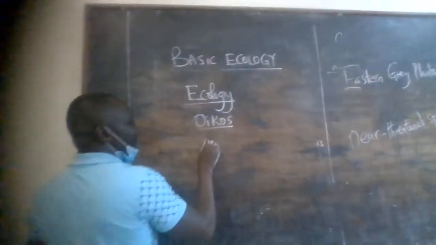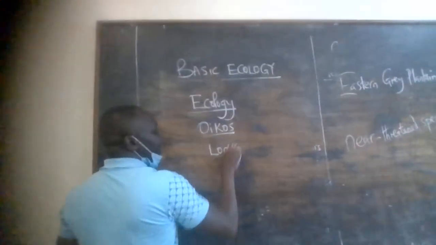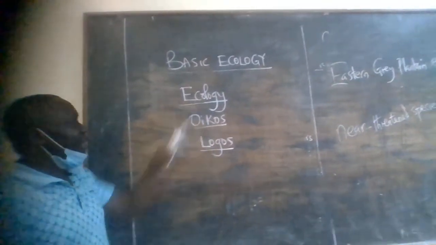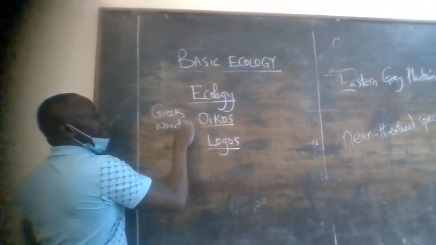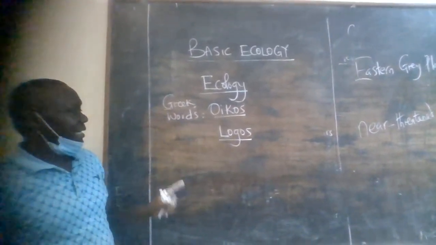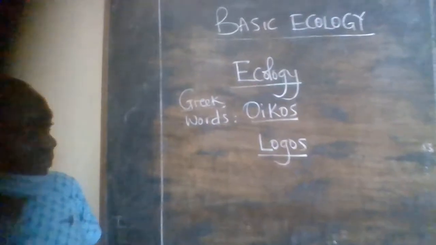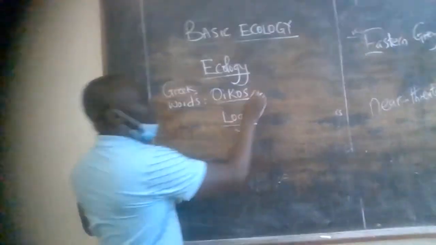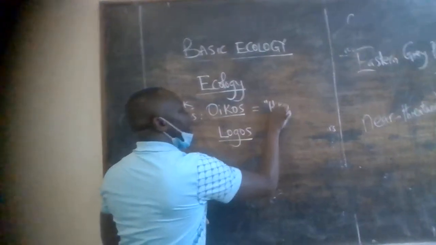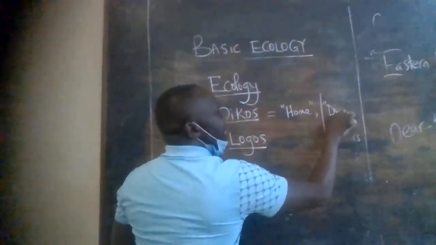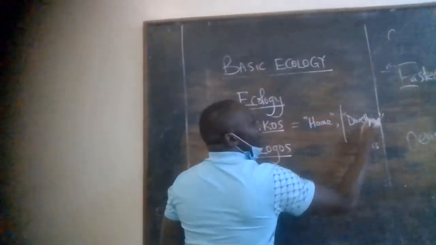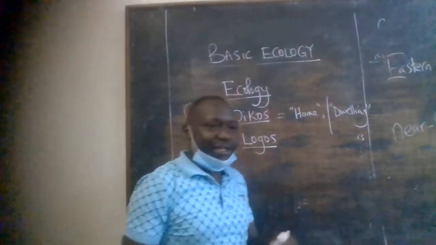this terminology, ecology, originates from two Greek words, oikos and logos. The first Greek word, oikos, means home, or we can say a dwelling, a place where an organism lives.